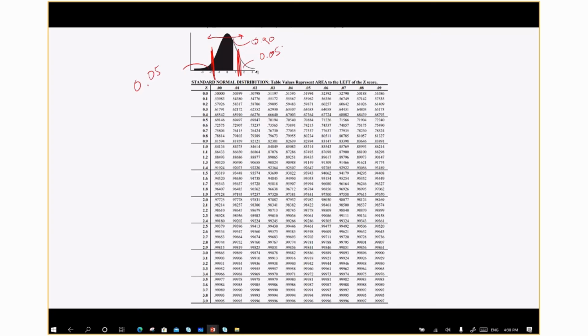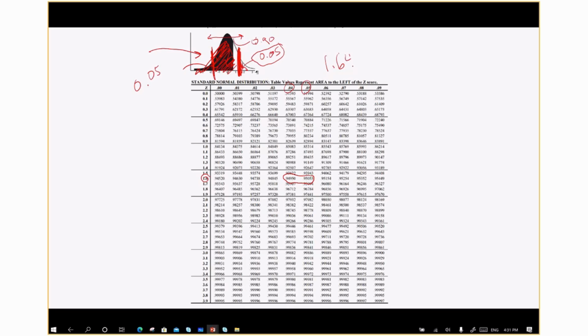What sort of value of Z would be associated with 0.05 in this area? Well, that would be the value of Z that would give us 0.95 in everything to the left of this line. So we come down here and we look for 0.95, and we see that it would be somewhere in this range, somewhere between 1.64 and 1.65. So I'm just going to call it 1.645.